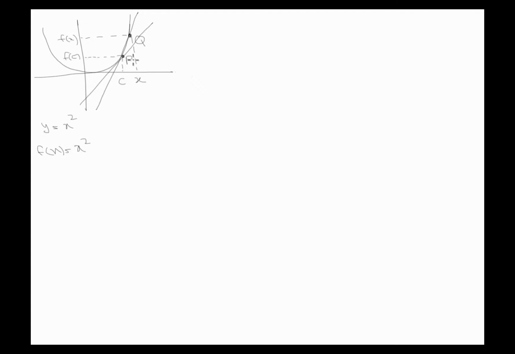Okay, so now just like before, we can try to find the gradient of this secant. So the gradient of secant again follows the general formula of the gradient of a line, so it follows this formula. And now if I want to put these values in here, the gradient of the secant PQ is just going to be the y values subtracted from each other, so f of x minus f of c over then your x values, x minus c.